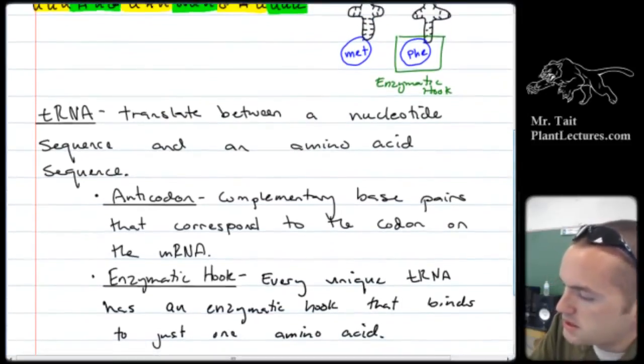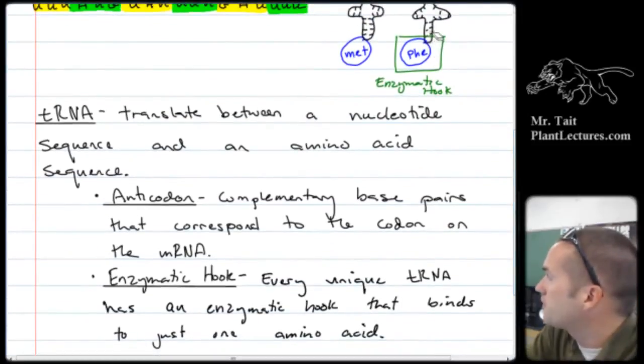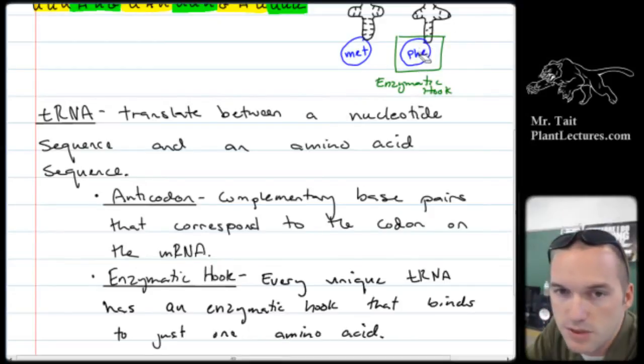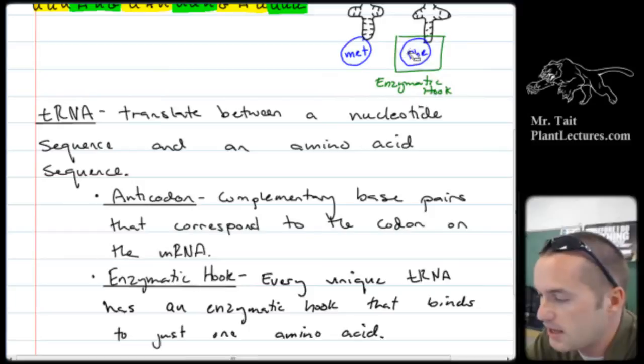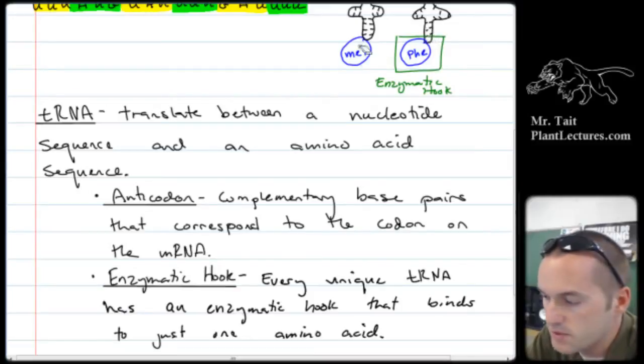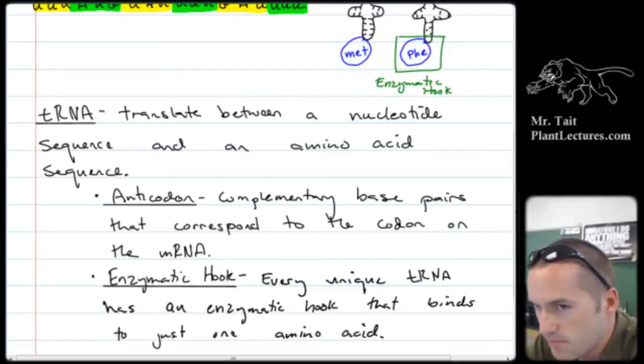In other words, this tRNA up here at the top, the one that has phenylalanine on it, if it gets used and the phenylalanine comes off, it's going to just float around in the cytoplasm until another phenylalanine gets attached to it. It's not going to attach to a methionine or a glycine or anything like that. It's always going to have phenylalanine, right? And this one's always going to have methionine. Make sense so far?